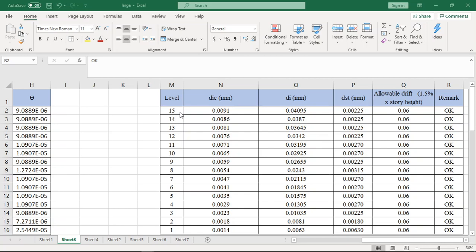So if you're looking at this level, you subtract the deflection at this level from the deflection at the level below, and you get the DST value.